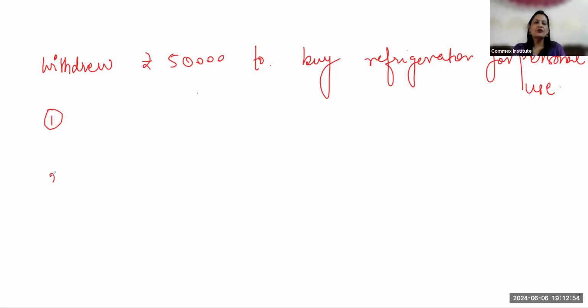The two aspects involved, and then you have to give me what is to be debited and credited. Done?